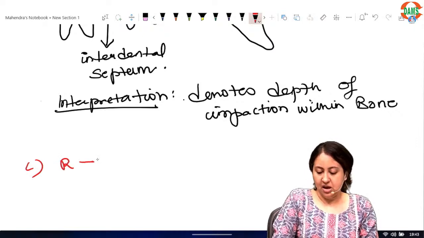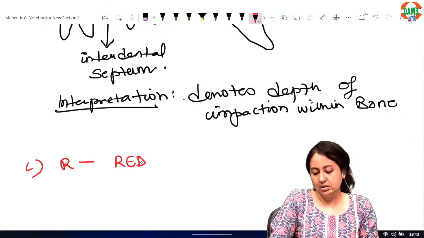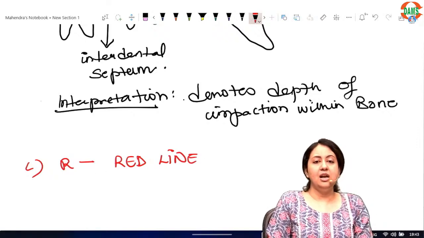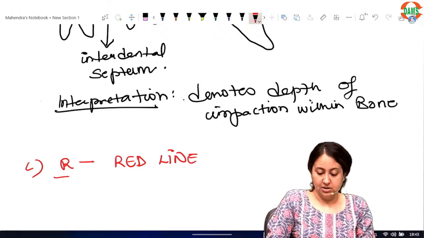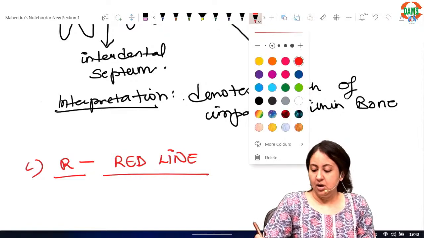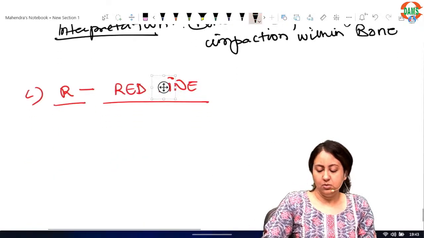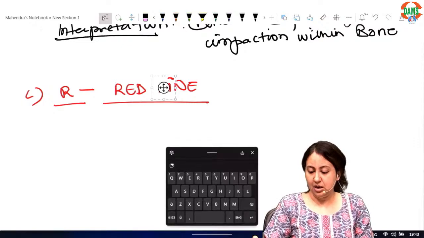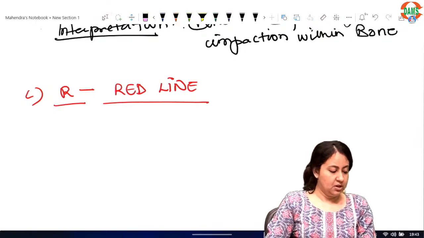The next we have R, that is red line. Again, remember the diagram, you will automatically remember it in the class, in your exam. All right.